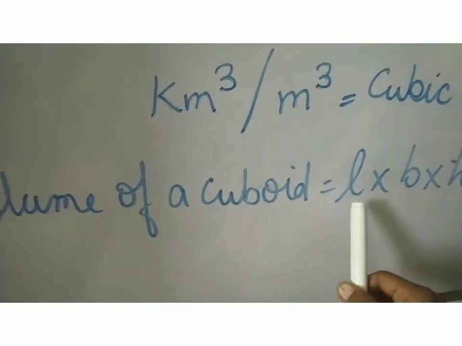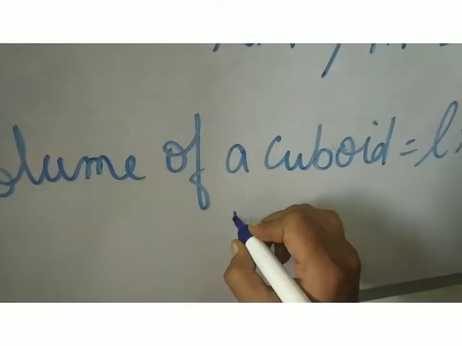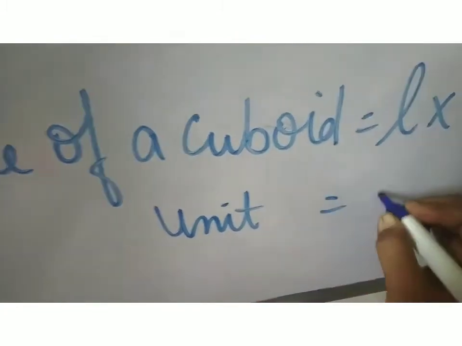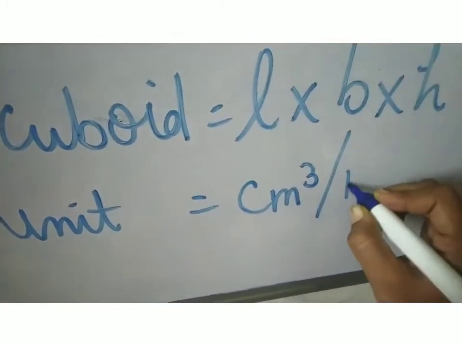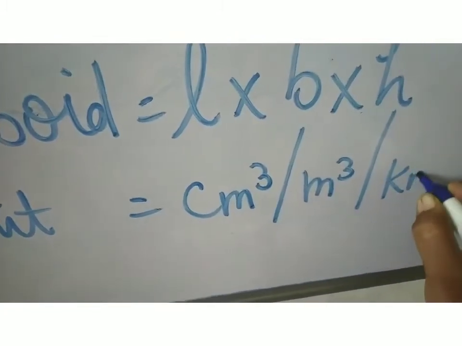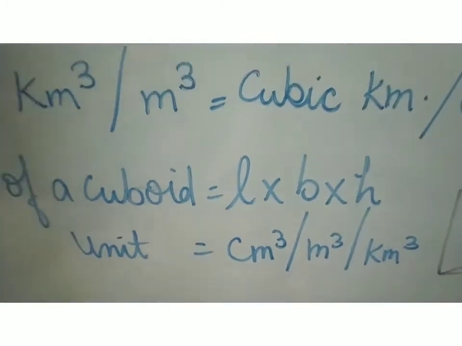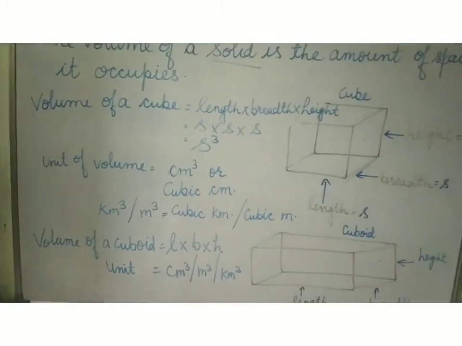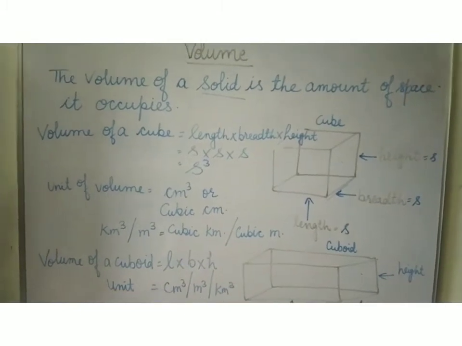Again, if we take it in centimeter, then the unit will become centimeter cube, meter cube or kilometer cube. And we can write it as cubic centimeter, cubic meter or cubic kilometer.